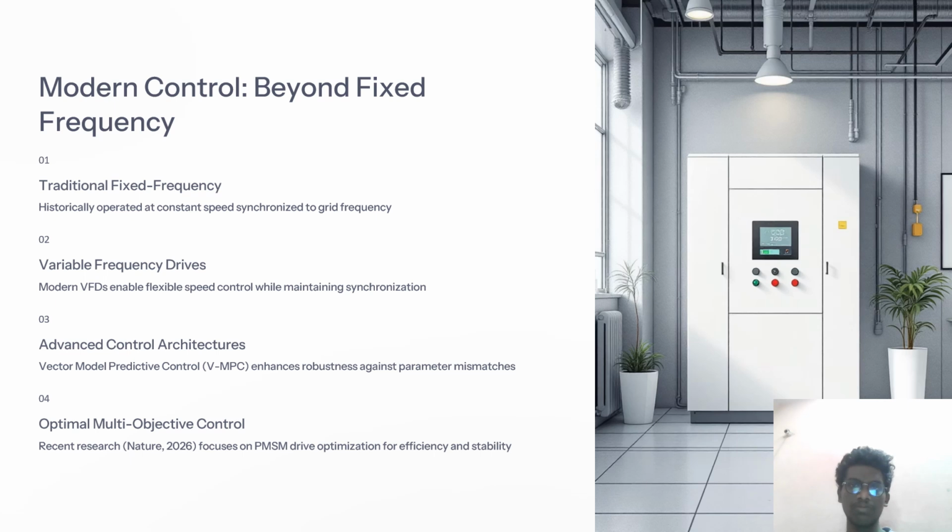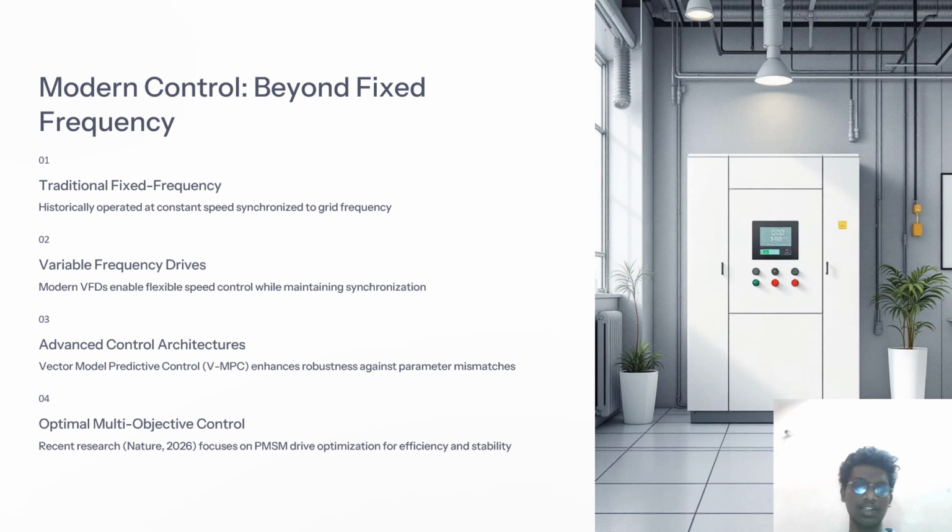Modern control beyond the fixed frequency. Traditional fixed frequency drives historically operated at constant speed, synchronized to grid frequency. Variable frequency drives: modern VFDs enable flexible speed control while maintaining synchronization. In VFDs, we can vary the frequency according to our requirement.